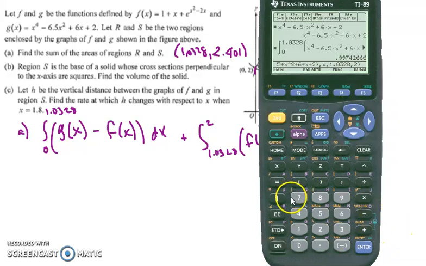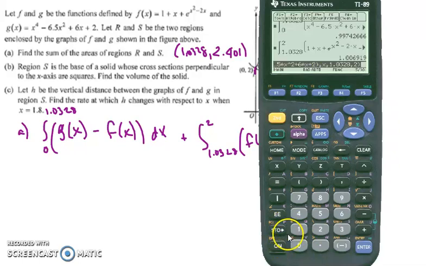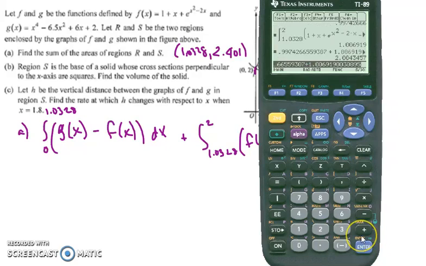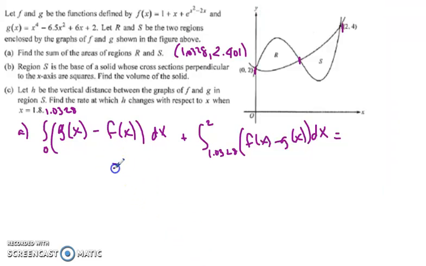So the area of S is going to be 1.006. So to get the whole area of R and S, I need to take the area of R plus the area of S, and that, when I hit enter, gets me 2.004. So let me write that down here, equals 2.004.